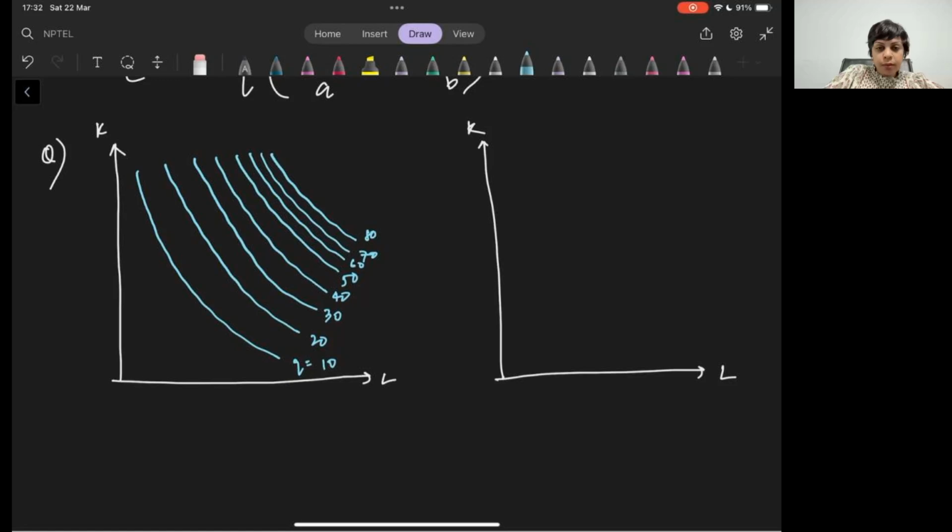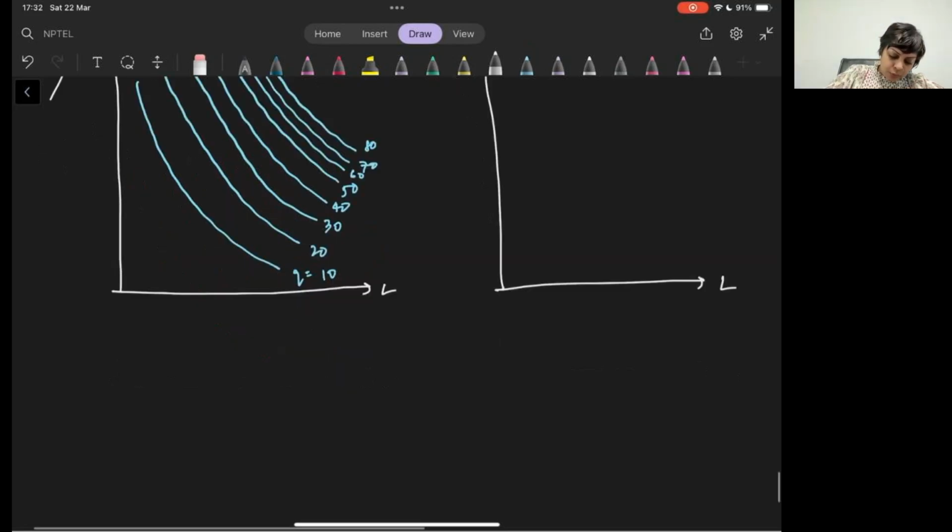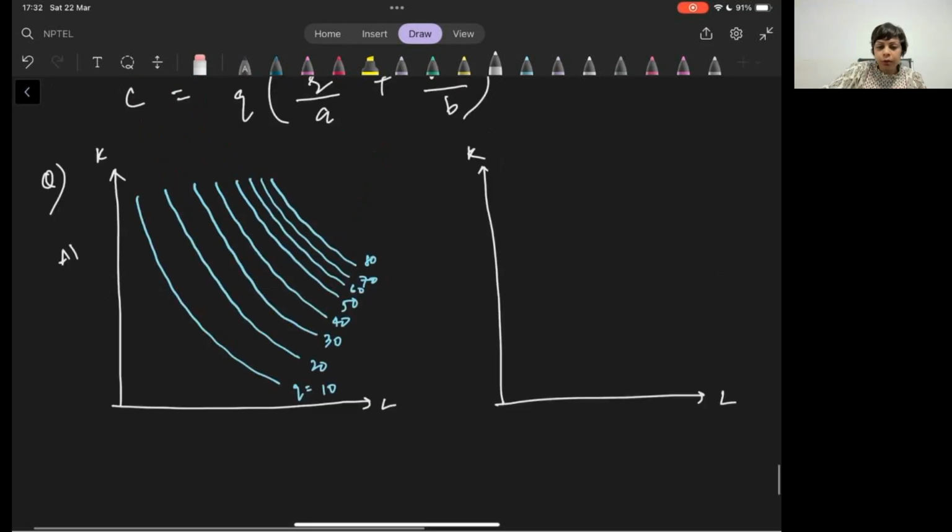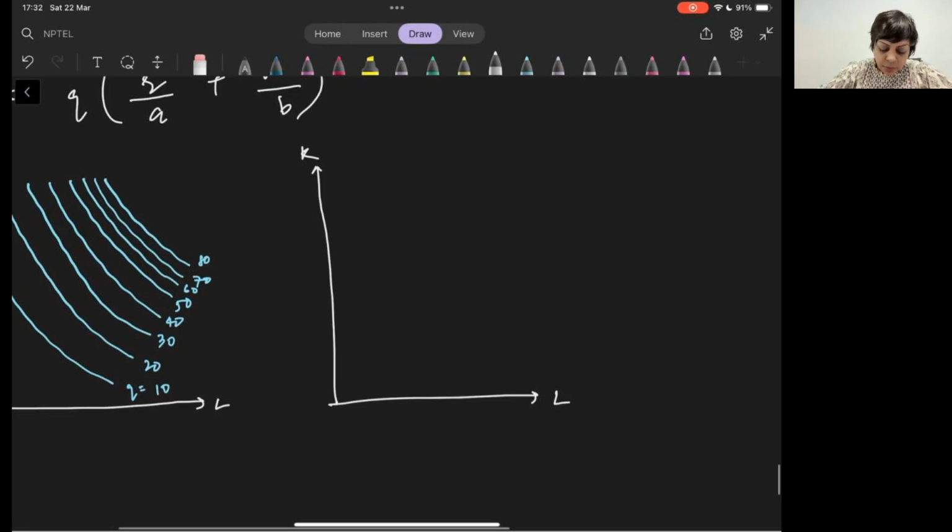Okay, this is one set. You can say this is diagram A. Just give me a moment. Okay, this is one set. Let's go to the other set.